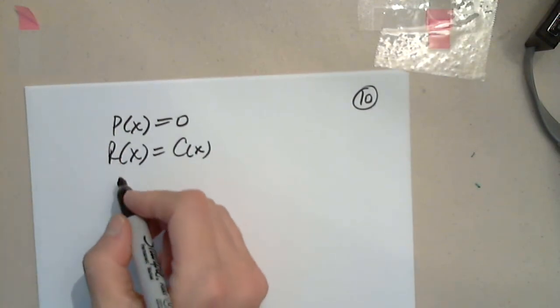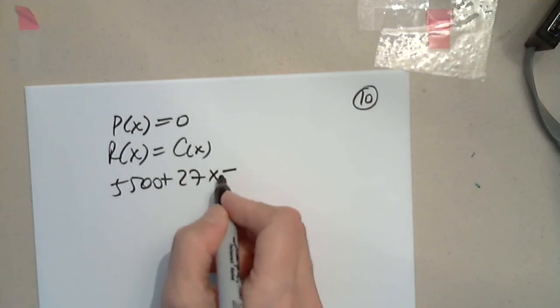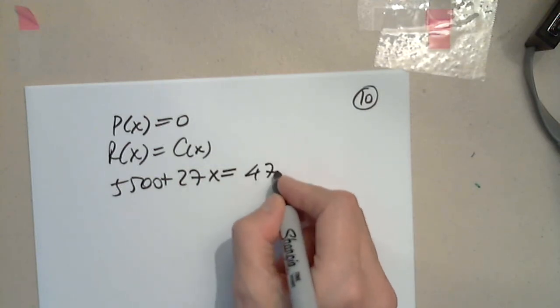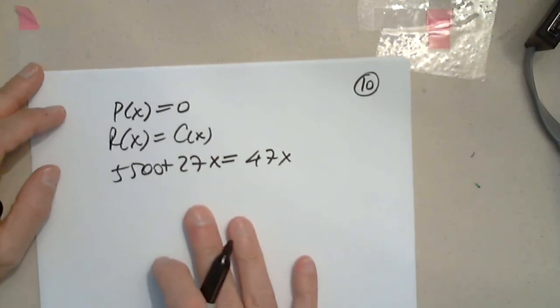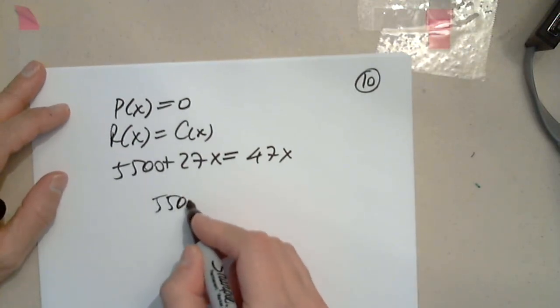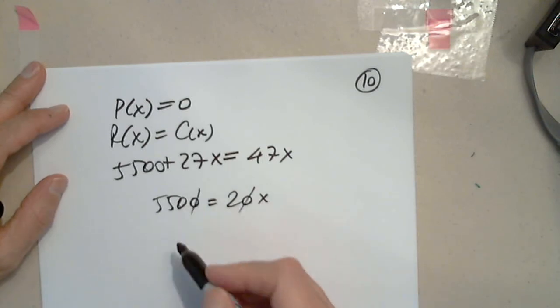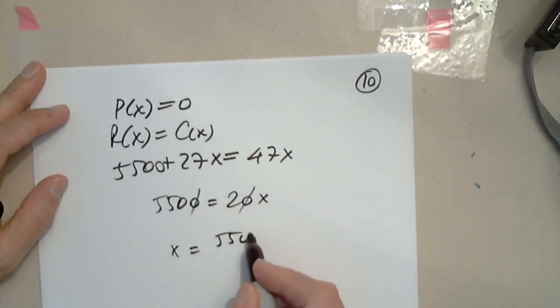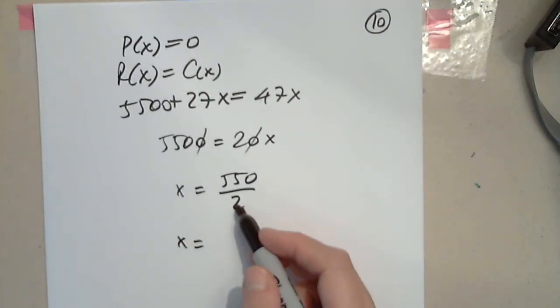So we have 5500 plus 27x equals 47x. So I subtract 27x, 5500 equals 20x. So x equals 5500 divided by 20.